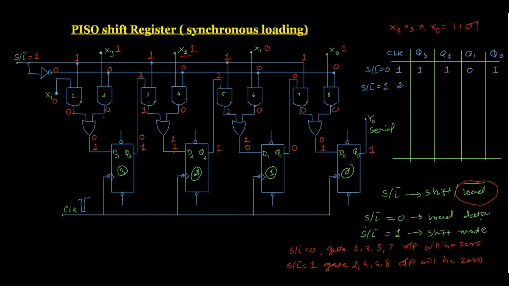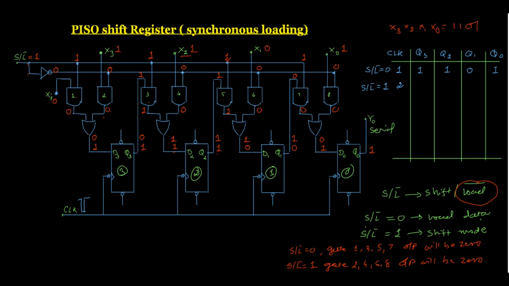Now input to flip-flop 2 is 1. Now it is transferred to this output and becomes a 1. Input to flip-flop number 1 is a 1. After the negative edge, the Q1 will be a 1.